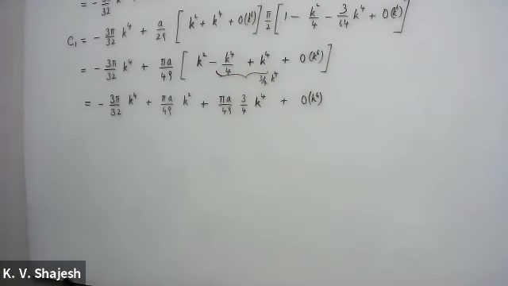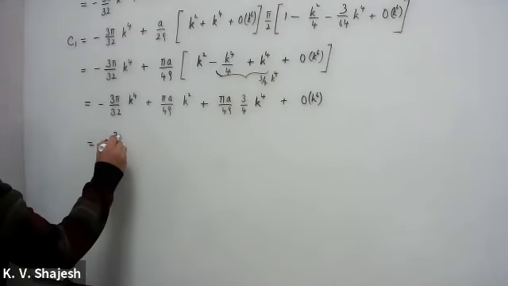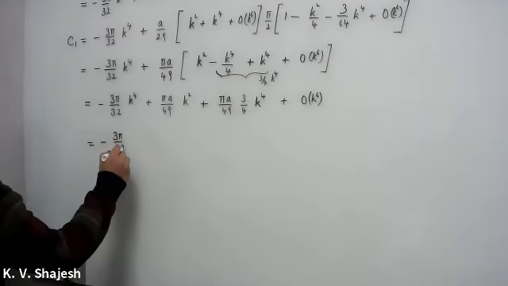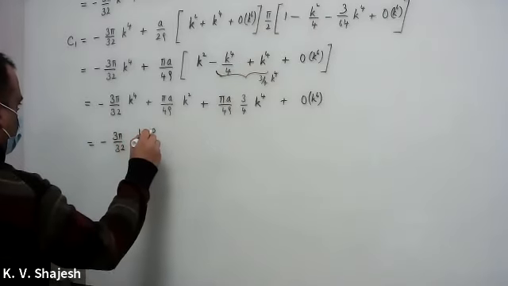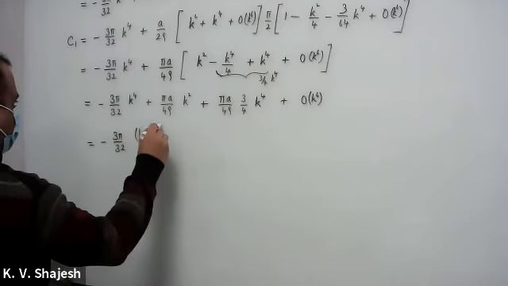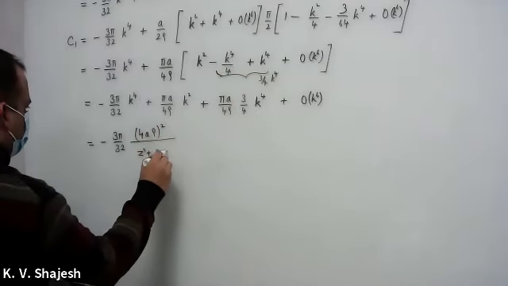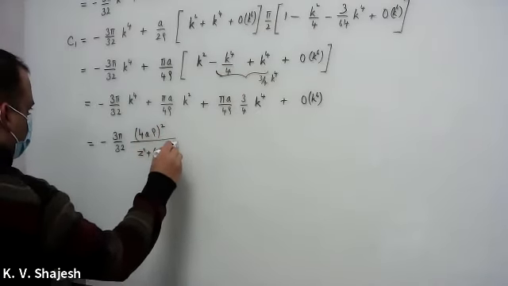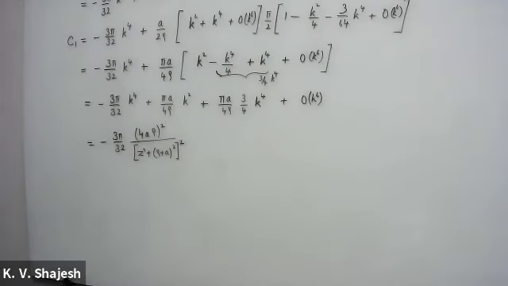So that's equal to minus 3 pi over 32 k raised to 4, which is 4 a rho divided by z square plus rho plus a the whole square, and this is squared now.